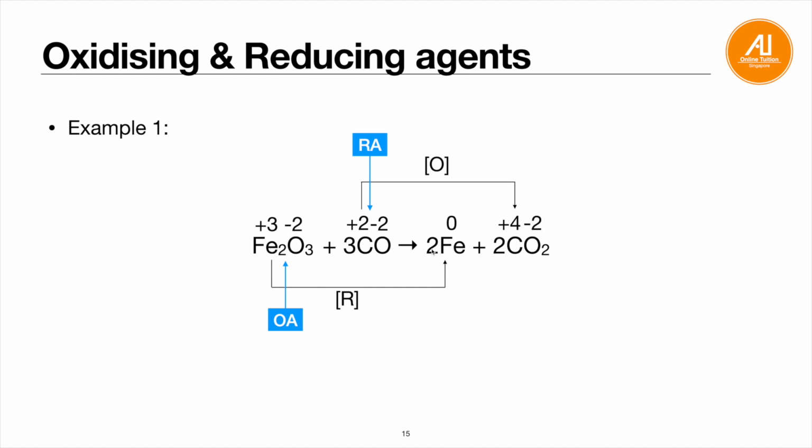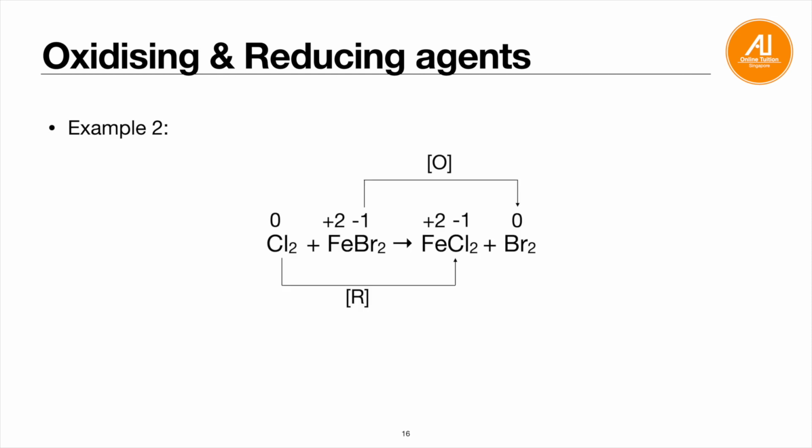So I repeat again, an easy way to remember: the substance that actually gets reduced is an OA. The substance that actually gets oxidized is an RA. Let's look at one more example. This one is Cl2 plus FeBr2 gives you FeCl2 plus Br2. In this case, we see that Cl2 is reduced.